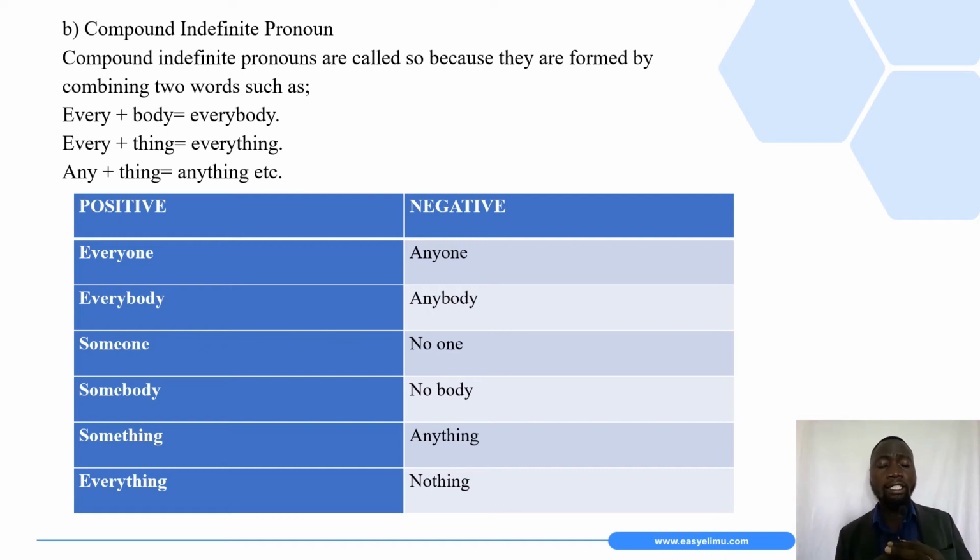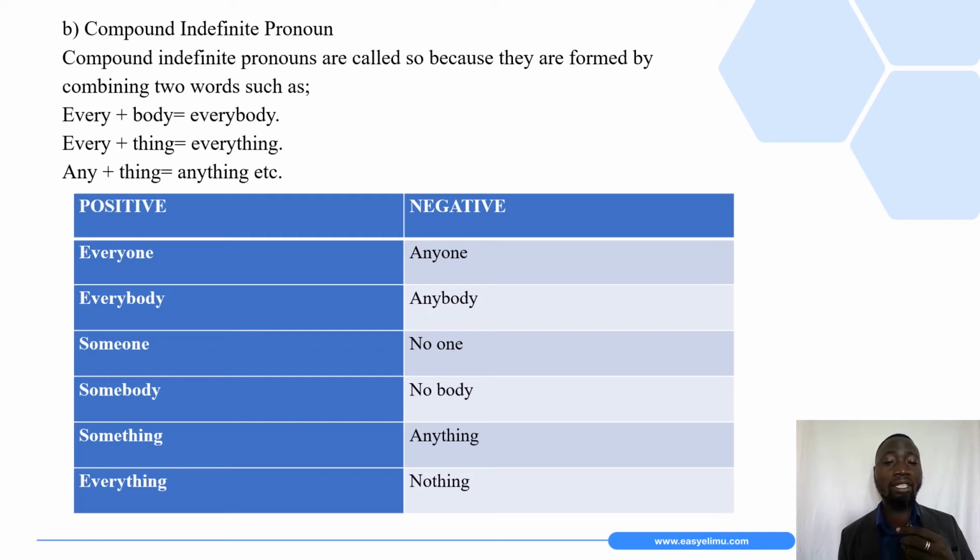And just to give you other examples, we have two columns here. We have a column for the positive indefinite pronouns and the negative indefinite pronouns. So under the first column, first row, we have everyone.